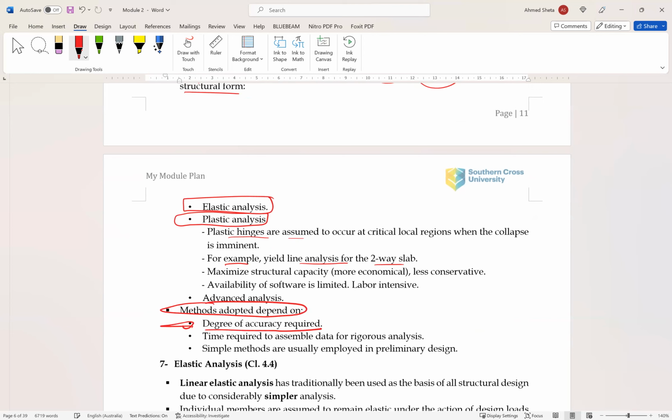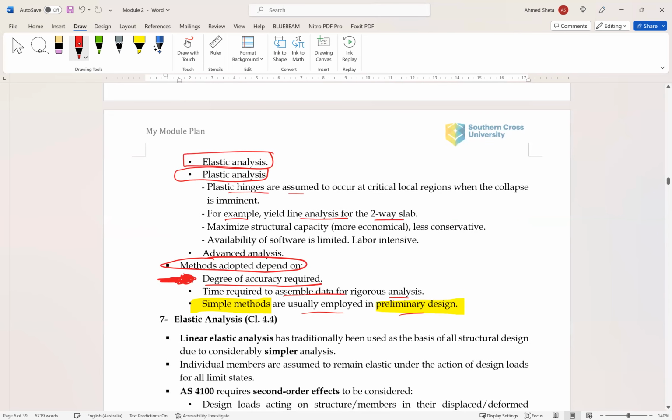So depending on the accuracy, you choose which method you will be using. They also depend on the time required to assemble data for rigorous analysis. Simple methods are usually employed in the preliminary design. So the simple methods are used in the preliminary design phase.